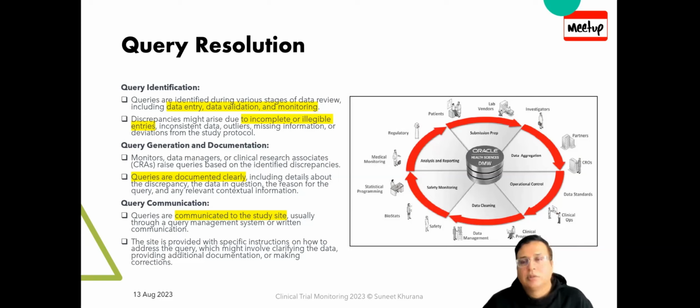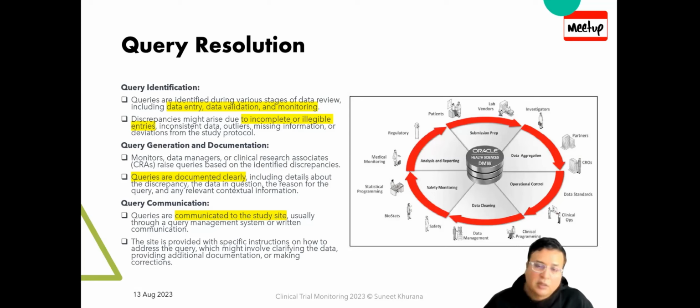The submission is from patients, lab vendors, and investigators, and the partner CRO collects the data. Then operational control makes sure it's as per the standards, and then clinical programming and data management make sure the data is clean for safety.